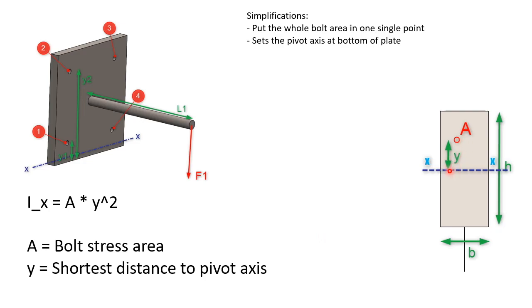This is similar to the beam, where the pivot axis was at the center. Here it will be at the bottom, because this is what it will be tilting over. Y is the distance to the area, and in that calculation it was an infinitely small area, but here it has a certain area.